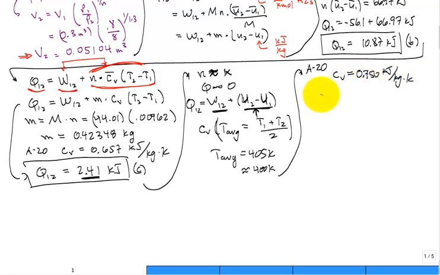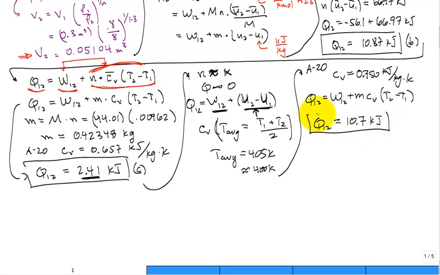The same equation, you have the Q 1 to 2 equal to the work 1 to 2 plus the mass times specific heat at constant volume times T2 minus T1, and we calculate Q 1 to 2 is equal to 10.7 kilojoules for part D. And so it's a lot closer, a lot better match between the most accurate being the table A23 and using a constant specific heat.